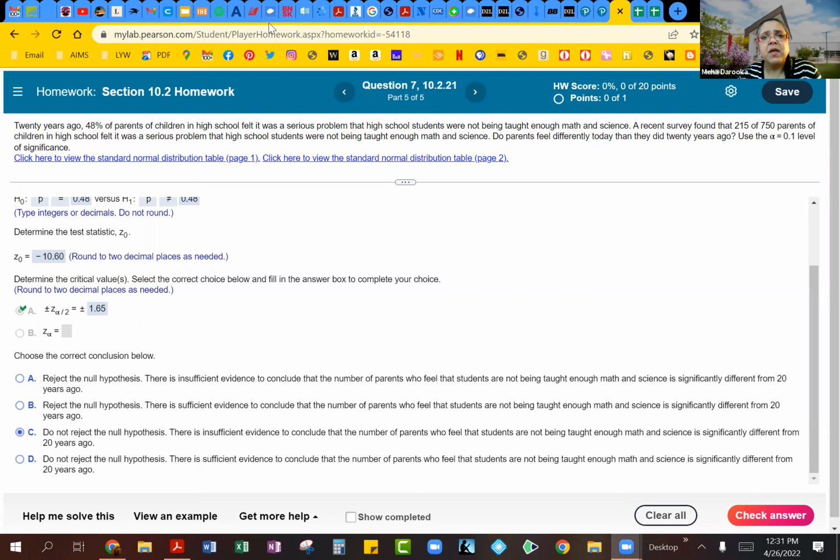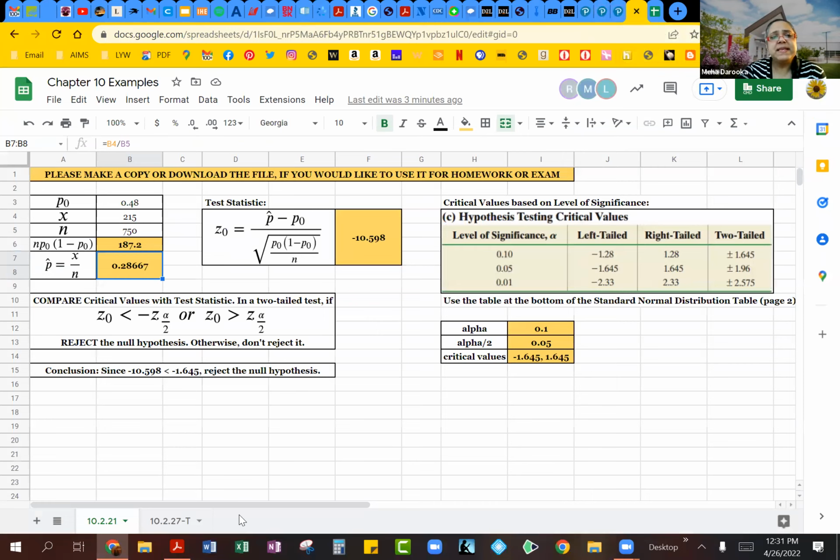Okay. So when you look at the two probabilities over here, you can see that back 20 years ago, we had 48% of the parents who thought the kids are not being taught math and science. Now it's about 28, 29%. So there is actually a significant difference between how the parents felt back then and how they feel right now.